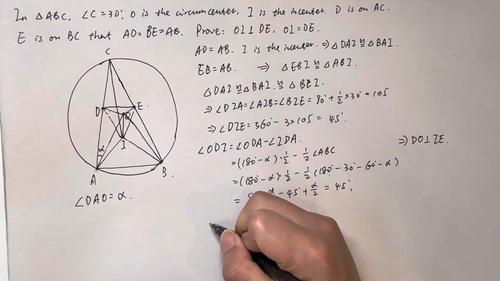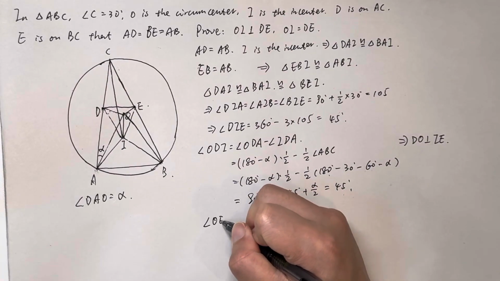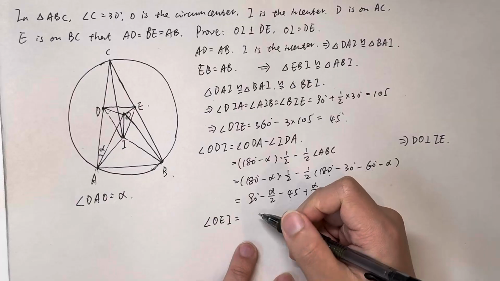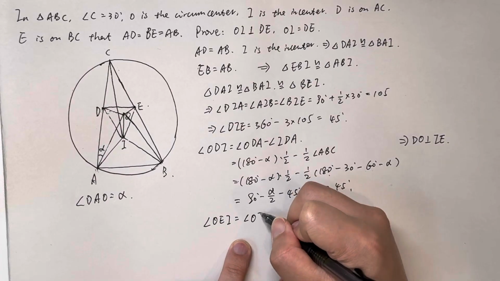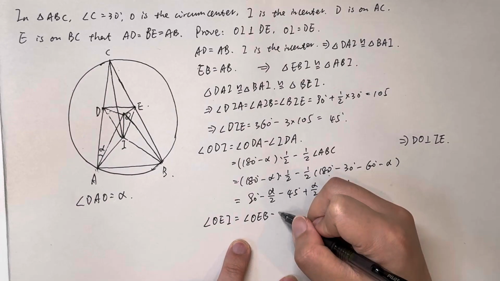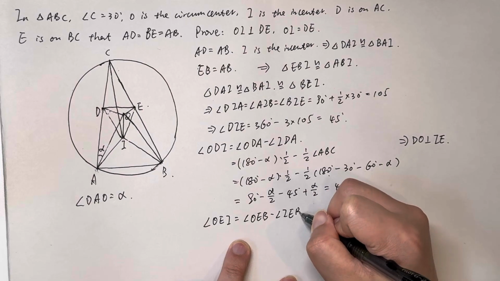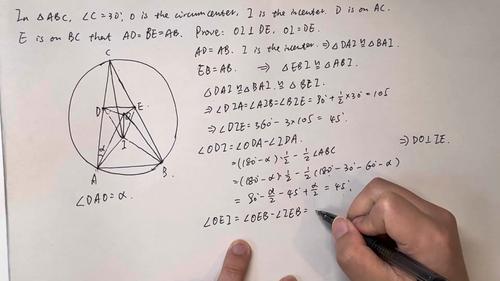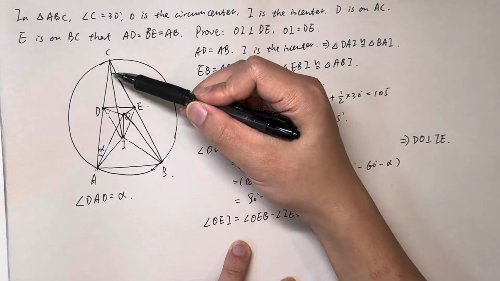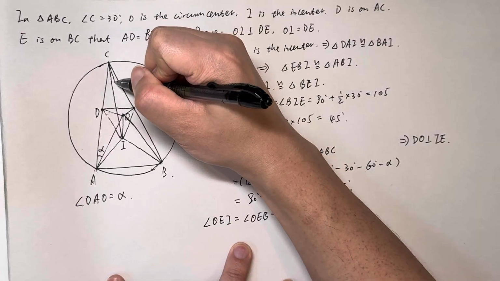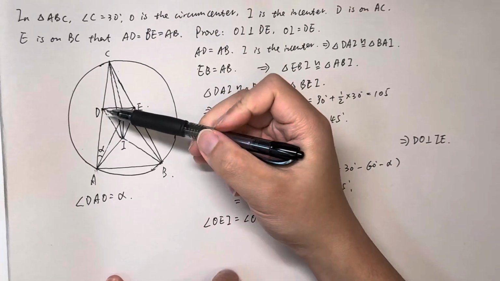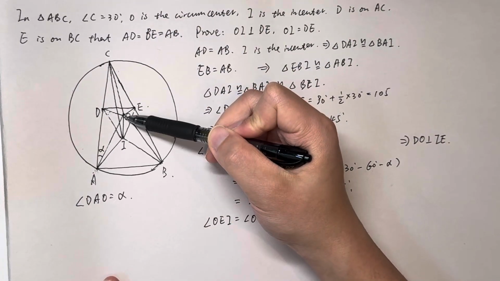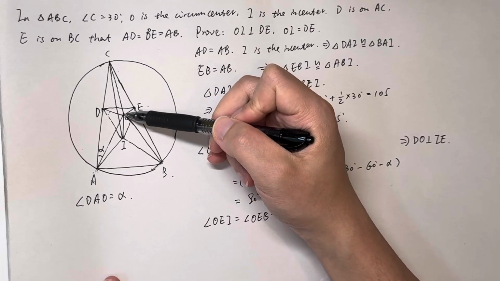And now we want to calculate angle OEI, which equals angle OEB minus angle IEB. See, this is alpha. If we connect CO, we know that angle DAO is alpha, then angle DCO is alpha, right?